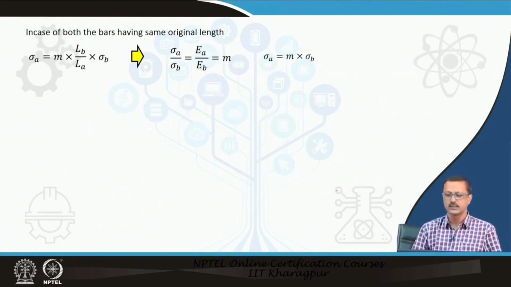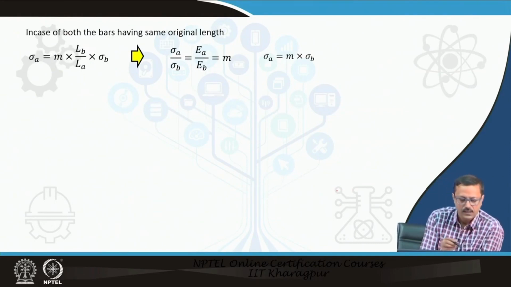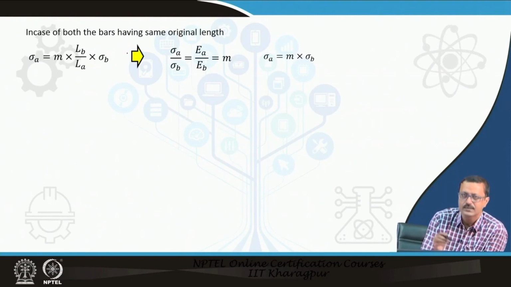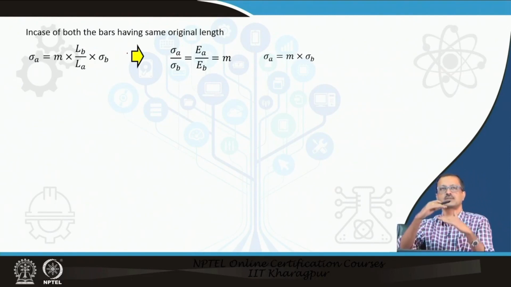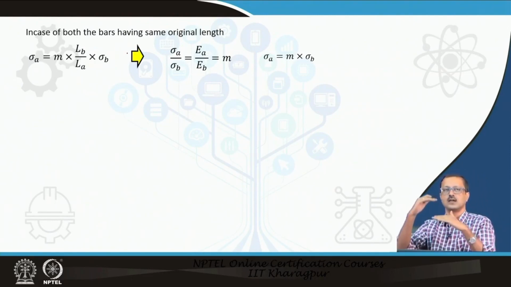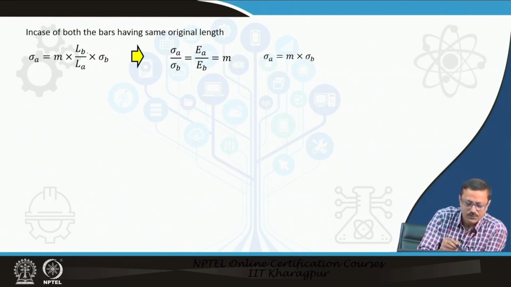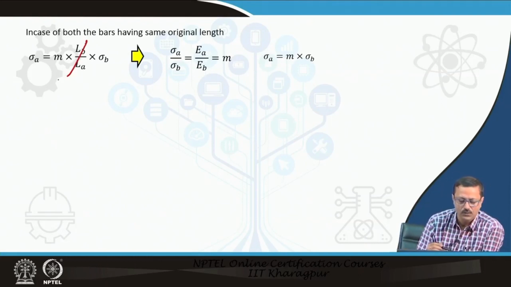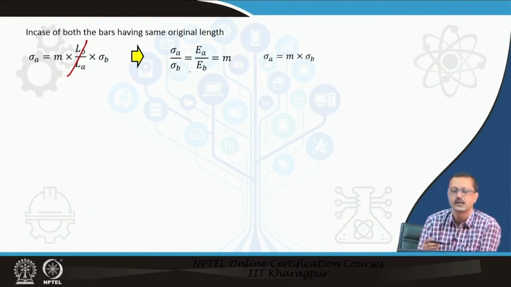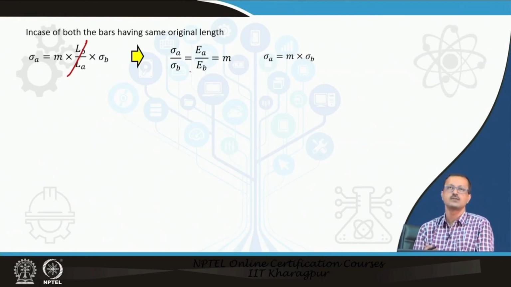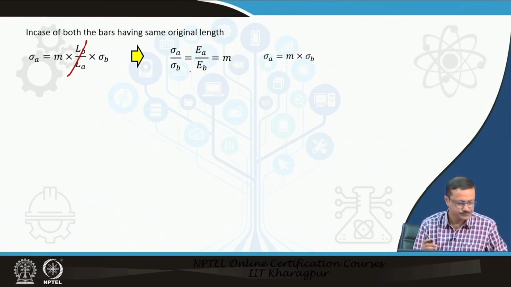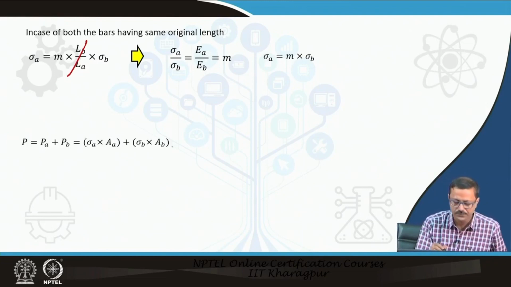So, we can easily rewrite this. In the earlier example I showed that the lengths are not the same. But if the lengths are the same, the ratio of lengths is going to be equal to 1. So, sigma_A by sigma_B, the ratio of their stresses, will be equal to the modular ratio, and we can use this first equation.